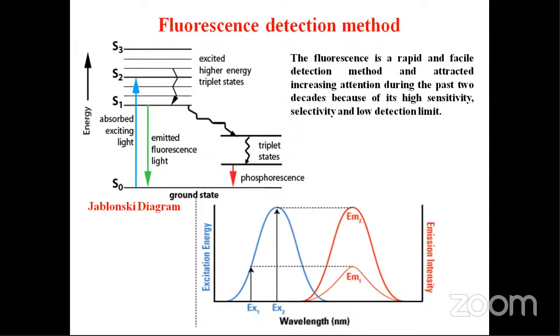Even if the biological sample has nanomolar concentration, we can detect it using this fluorescence technique. The optical sensors generally exhibit a change in the fluorescence or the ultraviolet-visible spectral appearance.